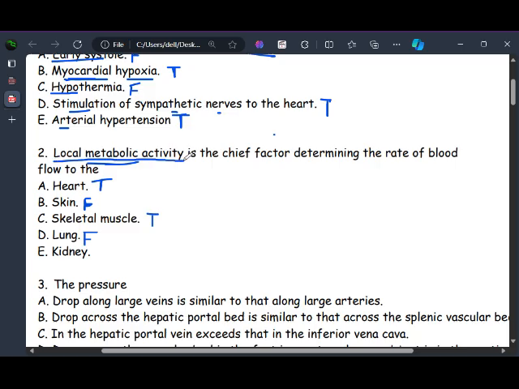This means the metabolic activity happening in that particular tissue, not for any other reason, but for the metabolic activities of the cells of that particular organ we are talking about. So that is not true as well. That is false, because the kidney will receive the blood flow it is supposed to receive just because it has to filter it, not because it's being metabolically active.